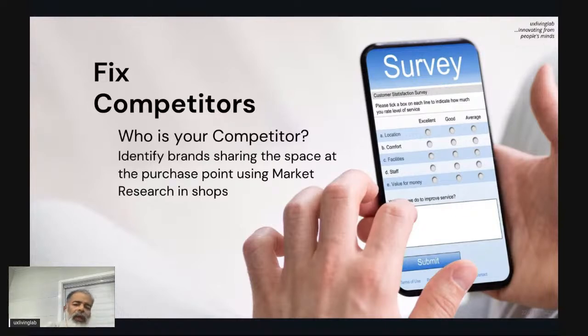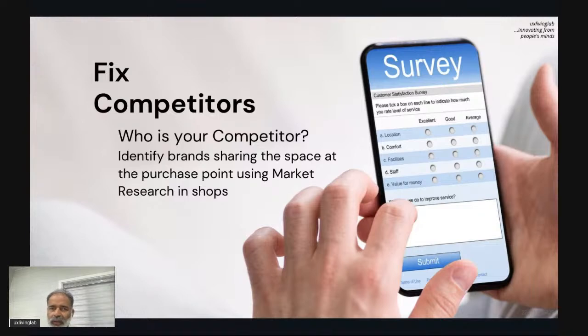I already explained how to conduct the research with these channel partners. So use the same channel and do the research and find out who is sharing the selling space. The purchase point is mainly in a shop, on a rack, or everywhere, and also how the user is comparing in online sales. When you go to a sales platform on the internet, which are the other brands the user is comparing?